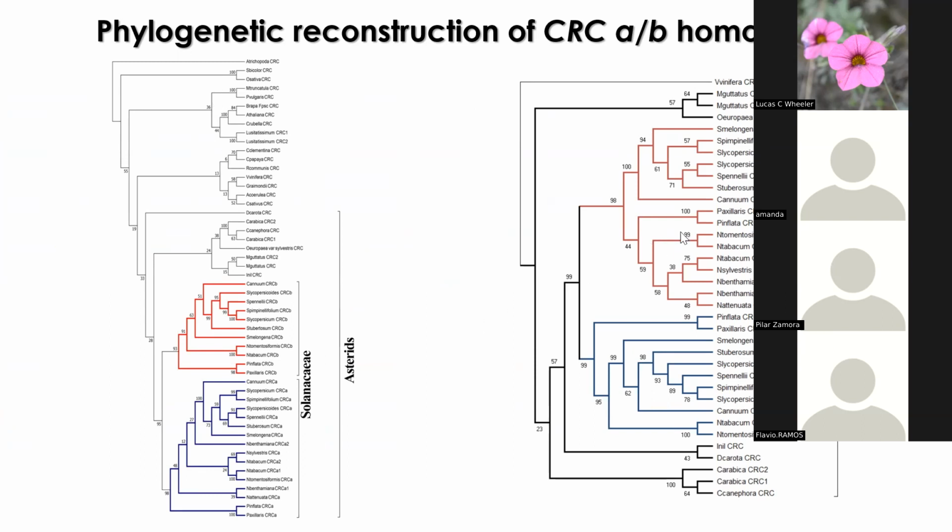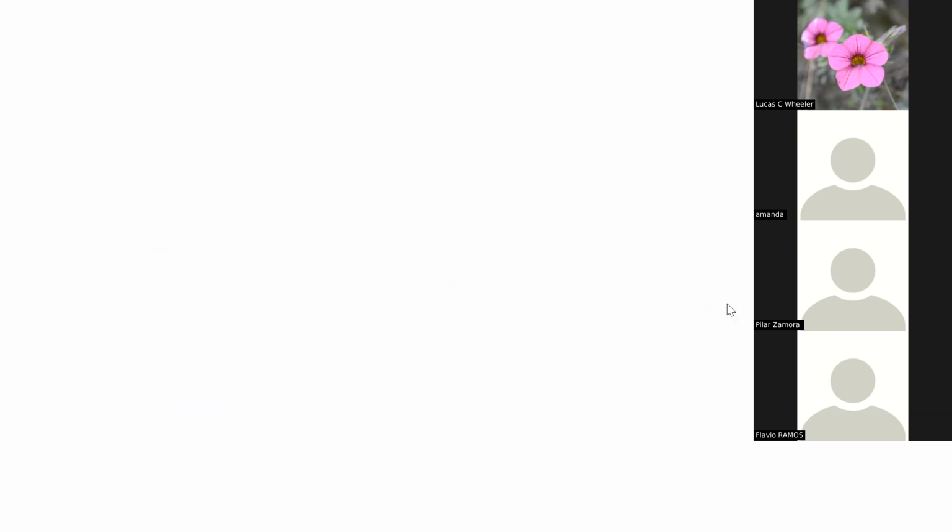What we found is that CRCa and CRCb are sister copies, and this is specific to the Solanaceae family only. This suggests that some kind of ancestral event happened at the node of Solanaceae, which is why most of the members have two copies of the CRC gene.